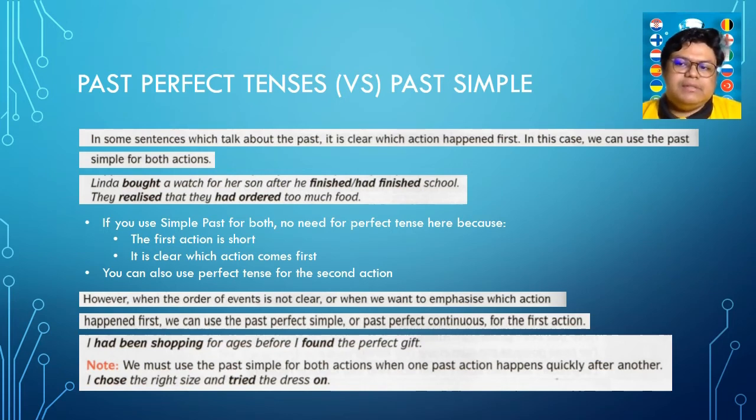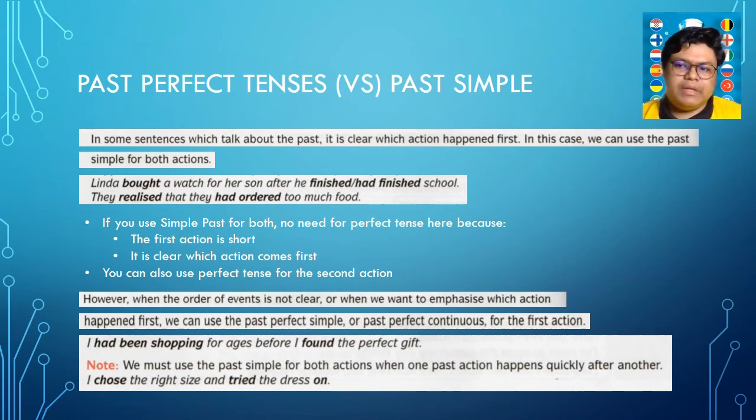Okay, so in this situation, first action tu kita tak gunakan perfect tense because we know which action comes first. Okay, jelas lah, senang cerita. However, when the order of events is not clear, or when we want to emphasize which action happened first, we can use the past perfect simple or past perfect continuous for the first action.